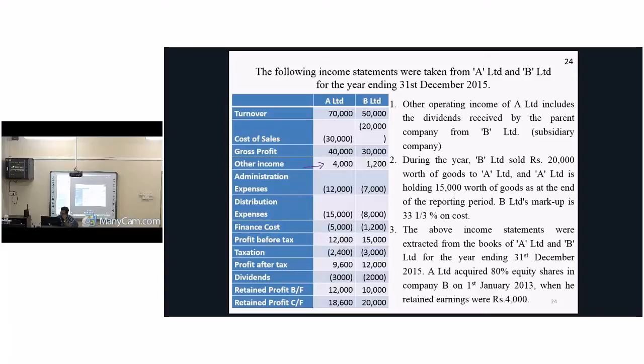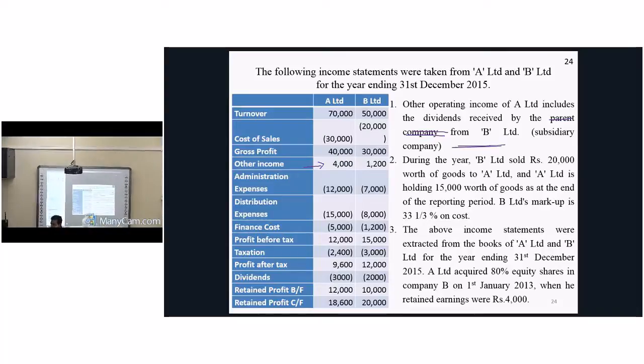It includes dividend received from the subsidiary, not from the parent. Other operating income of A Limited includes the dividend received from B Limited. It should be B Limited, the subsidiary company.